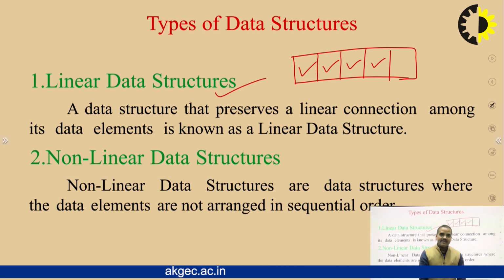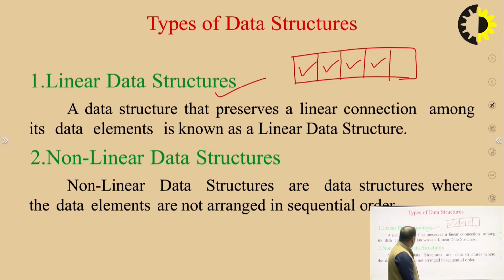In case of linear data structure, there is no level of data, all the data is stored at a single level. The second one is non-linear data structure. In case of non-linear data structure, the elements are stored at different levels of the memory space. That means one data is at this place and second data is at this place.